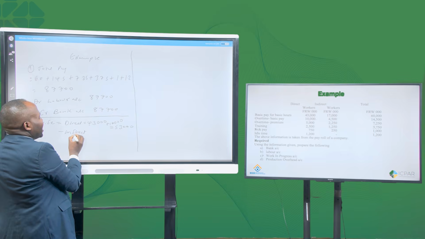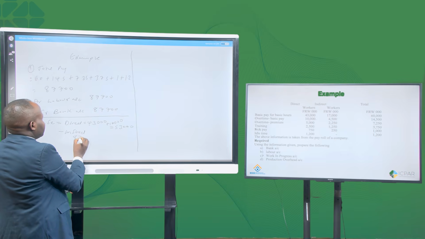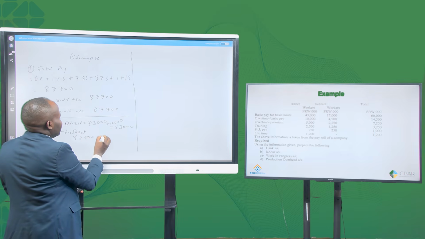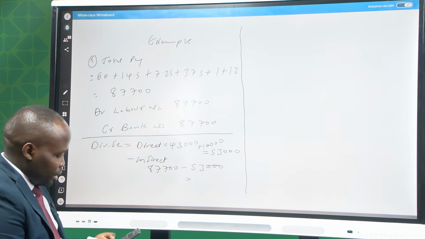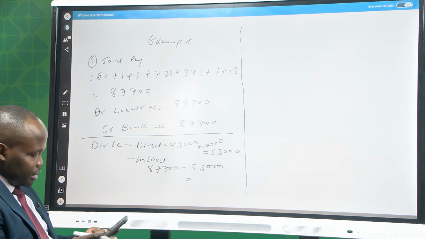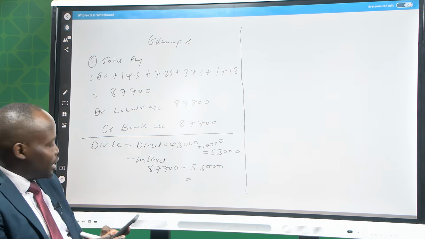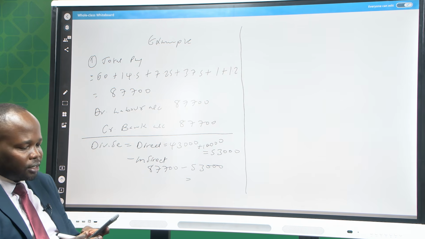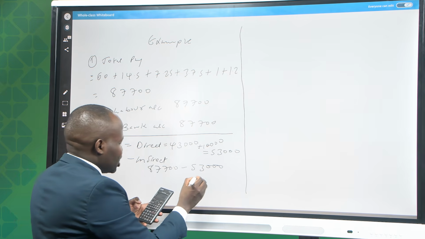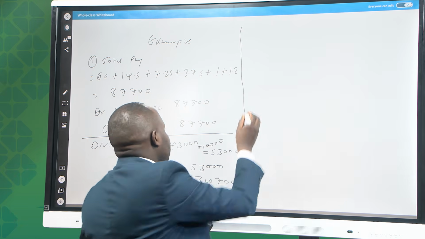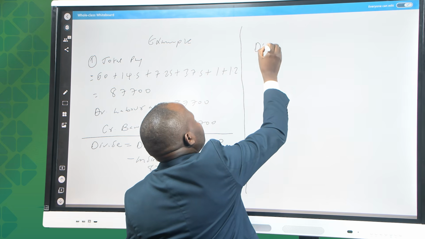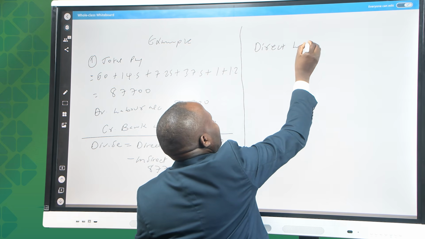All the remaining are indirect. So 87,700 minus 53,000 is indirect. So that's 34,700.